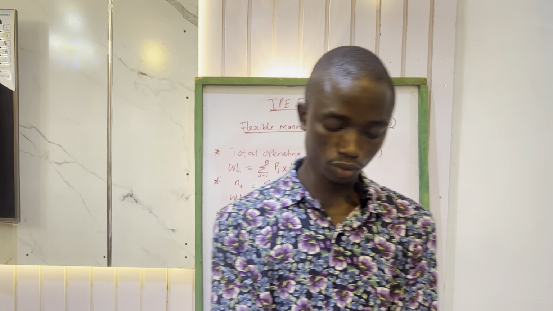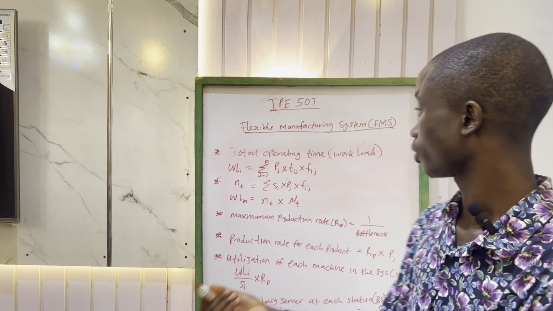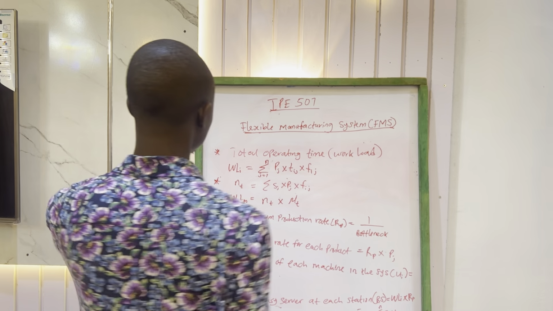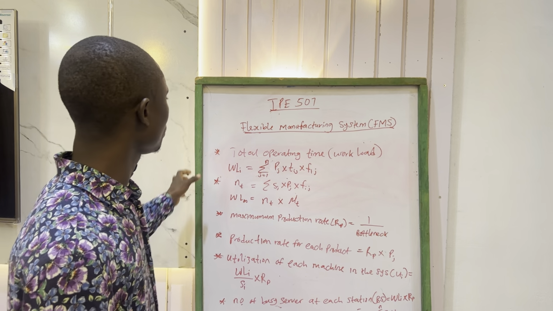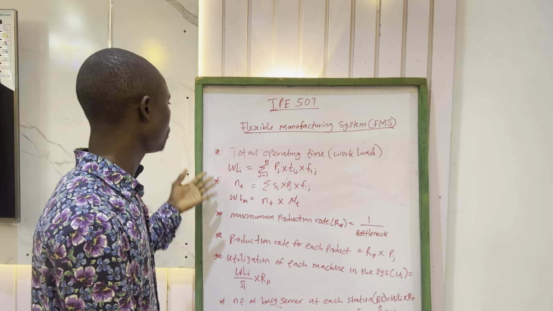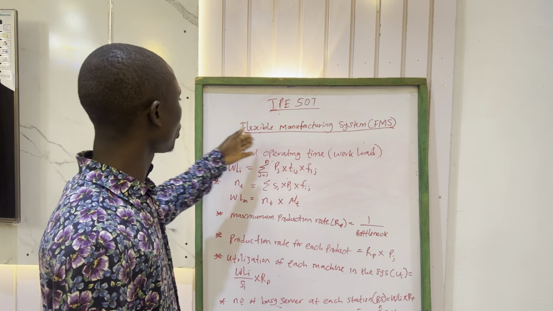So guys, I will be taking you through the calculation now, while we also explain some things. But before then, let's look at these parameters and this particular formula. In an FMC, you can be told to calculate different parameters. Number one is the total operating time.